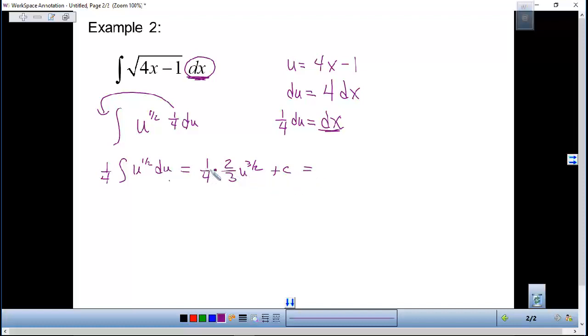So you get 1/4 times 2/3, and the 2's are going to cancel here and here, which gives you 1/6 u to the 3/2 plus c. And then of course you can plug in your u. So you get 1/6 (4x minus 1) to the 3/2 plus c. And there's your answer.